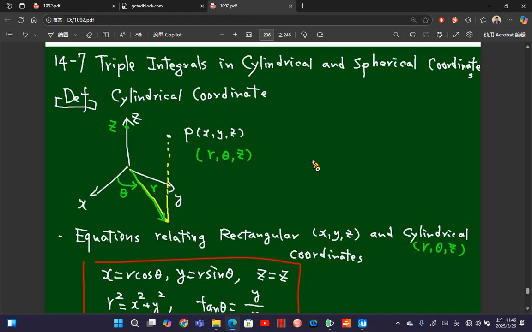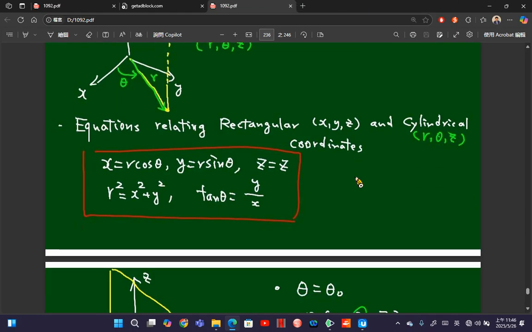That's all. For each point x, y, z, z is still the same. But for the xy part, you can use x is equal to r cosine theta, y is equal to r sine theta, and also r squared is equal to x squared plus y squared.